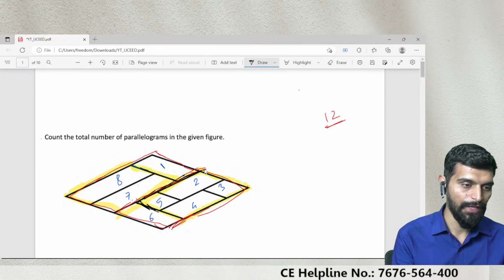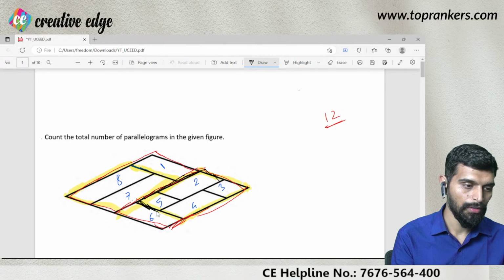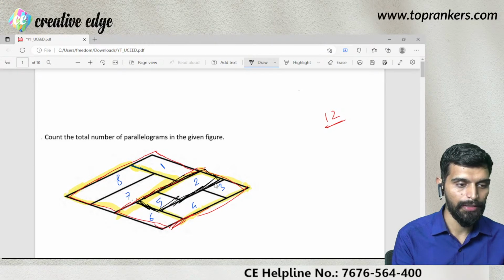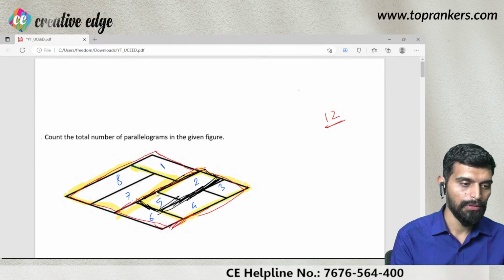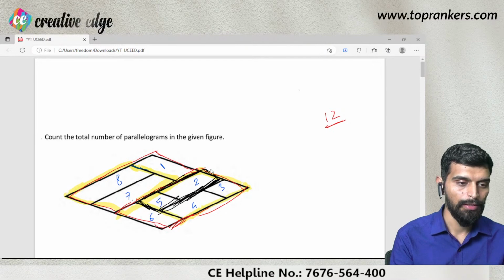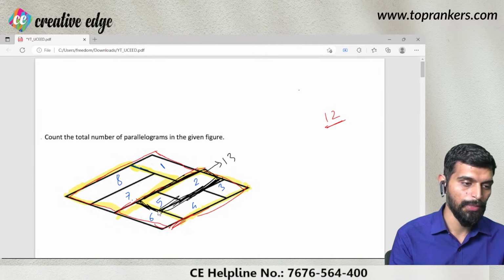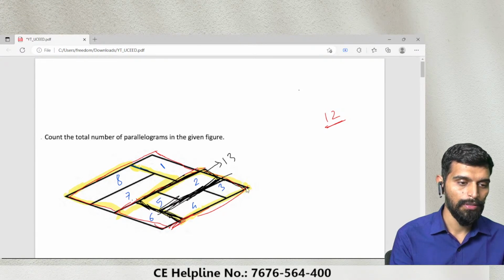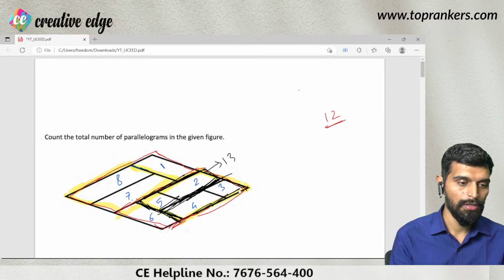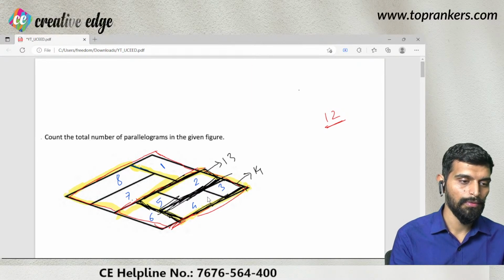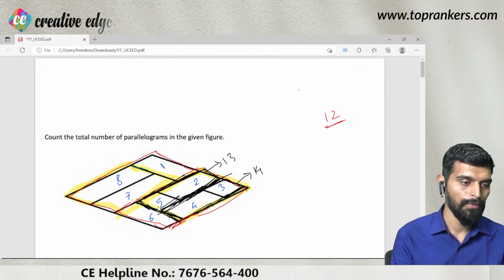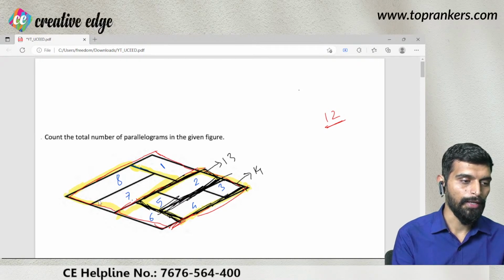So this is the one that I have highlighted in the black color. This one, right? This is the 13th one. Similarly, this one here is the 14th, right?